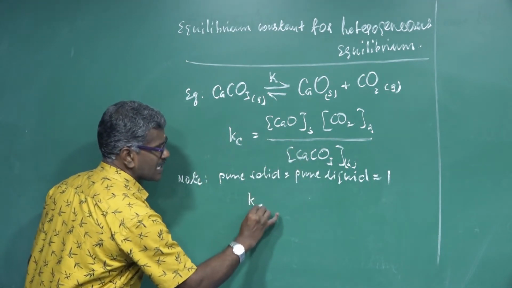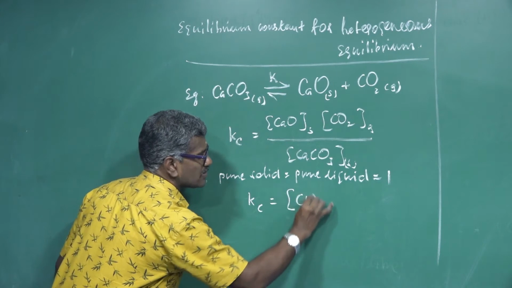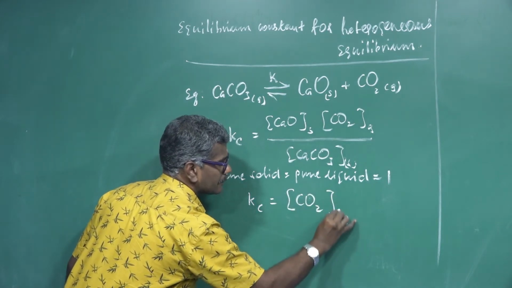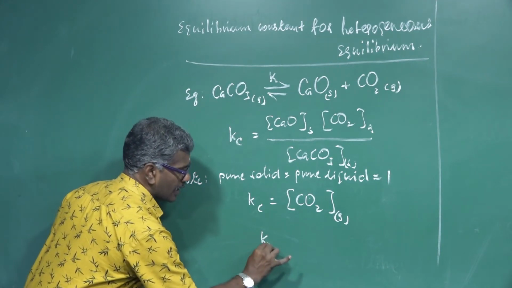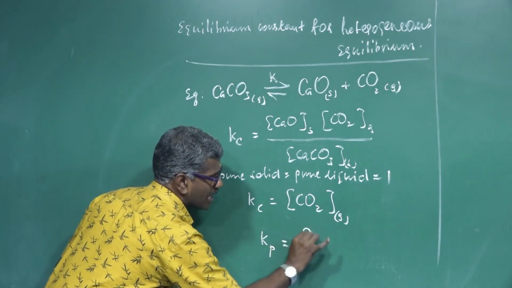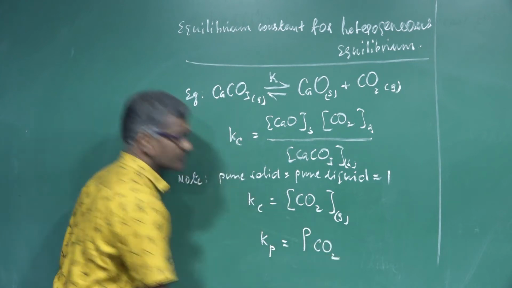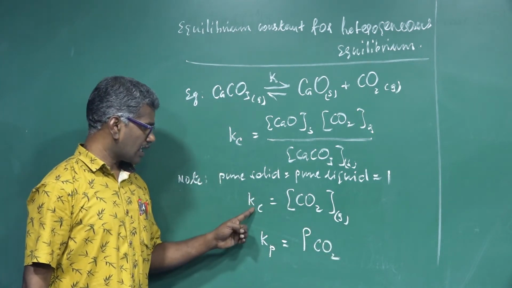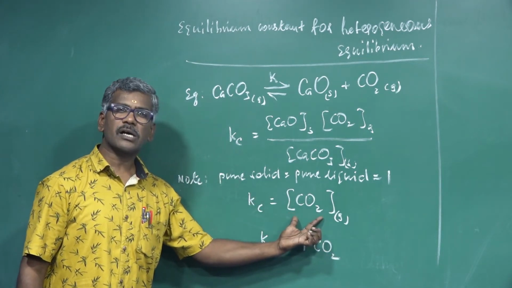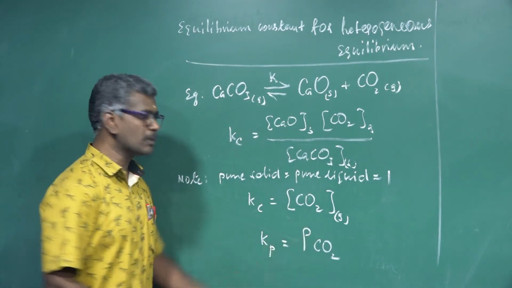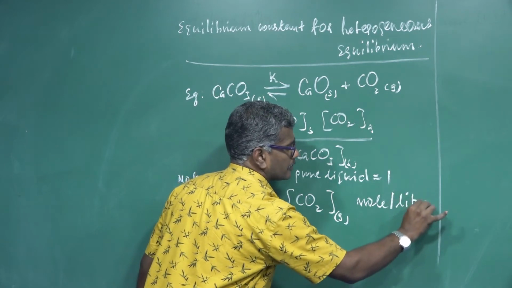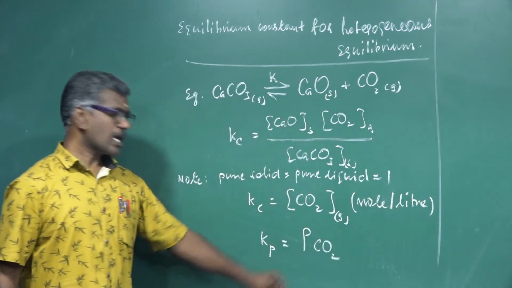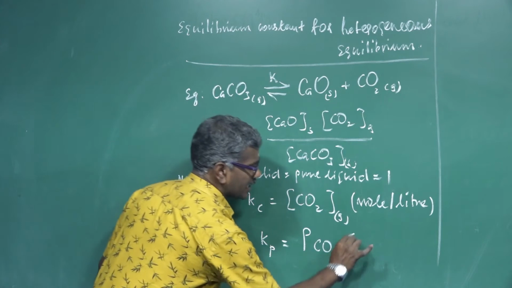So Kc is nothing but the concentration of CO2 in the gaseous state. What about Kp? Kp is nothing but the partial pressure of CO2. Here Kc, what is the unit? The concentration terms can be expressed in moles per liter. Here partial pressure can be expressed in atm.